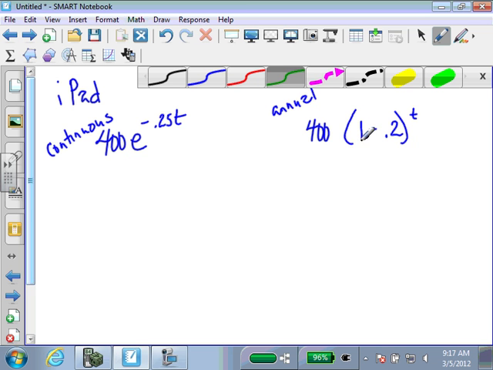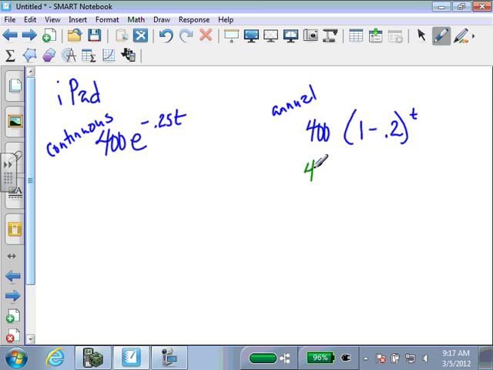So it's taking one, and instead of adding value, I'm subtracting value. So what this is going to create is a base that's less than 1, bigger than 0. So this is how an annual model might look if it's losing value. This, again, is how a continuous model looks with a negative exponent.